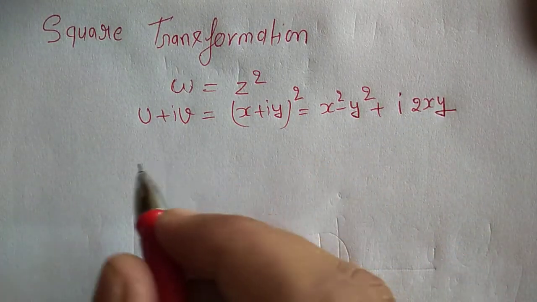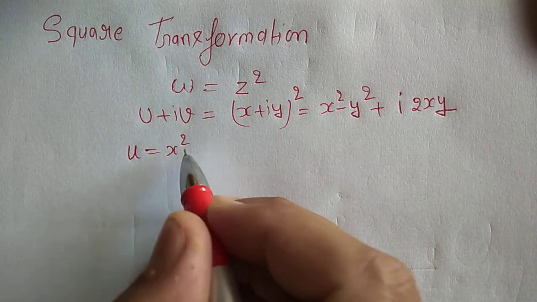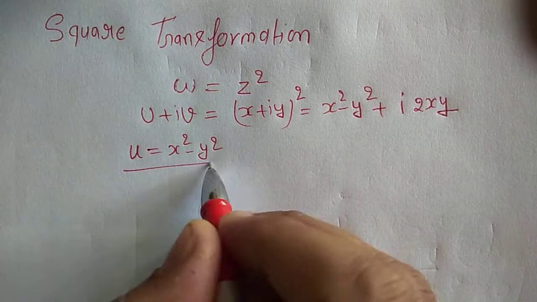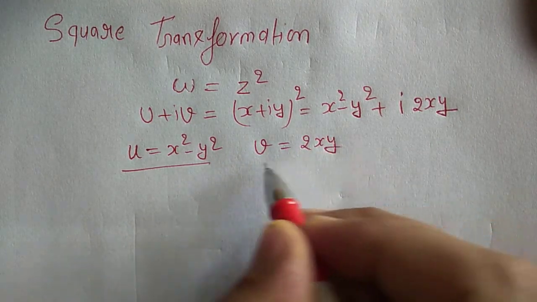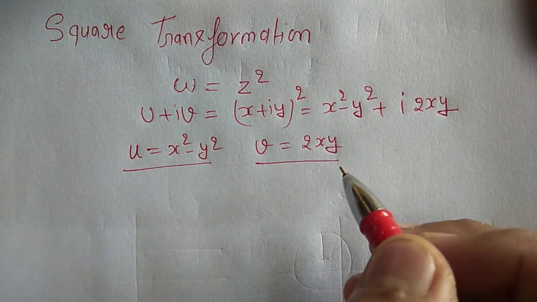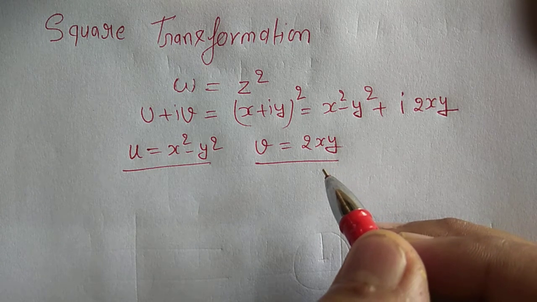If you compare the real and imaginary parts, u will be x square minus y square and v is 2xy. So this is the relation between x, y and u, v.